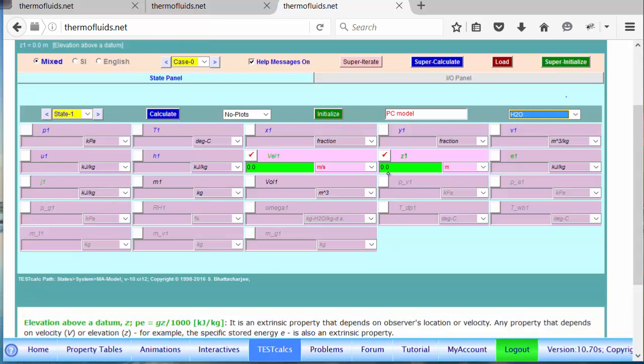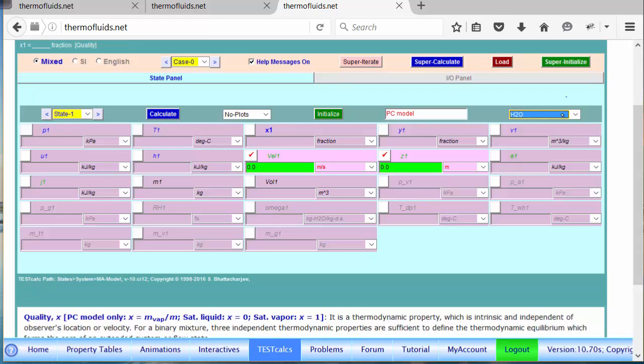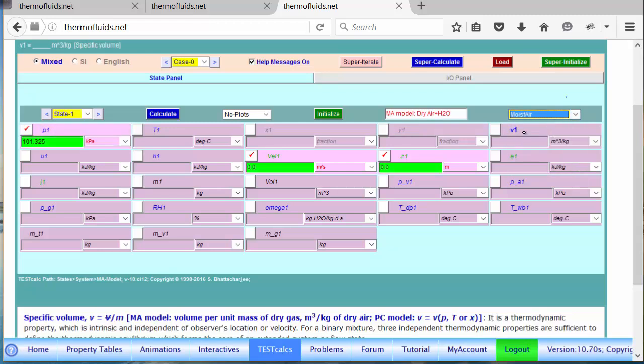And we get back into regular properties. So the design gets complicated because these quantities such as specific volume can be used for moist air as well as for, say, H2O. When used for H2O, the unit is obviously meter cube per kg, whereas for moist air, the unit really is volume per unit mass of dry air.